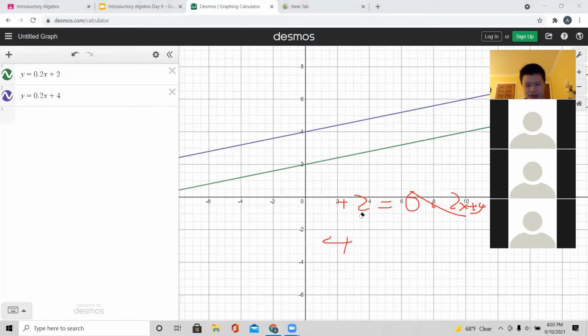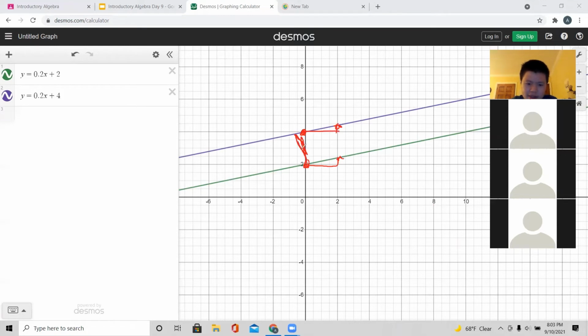Now these two lines are called parallel lines. These lines are parallel because they have the same slope. If you were to go 1 to the right, or 2, I guess, since I drew it that way, it always goes up by 0.4 on both lines, so they can never get closer to each other.